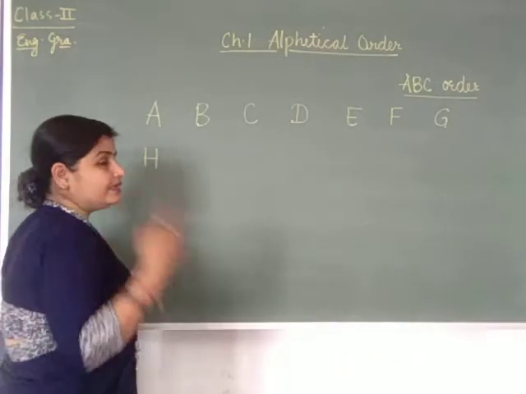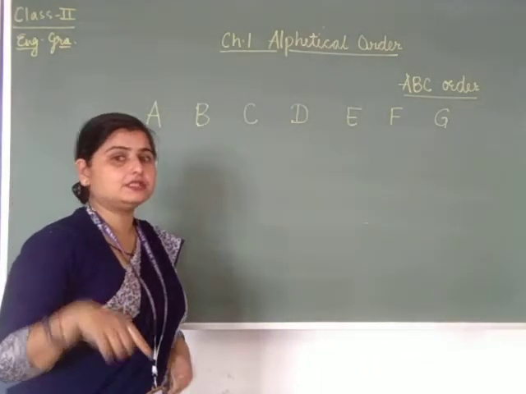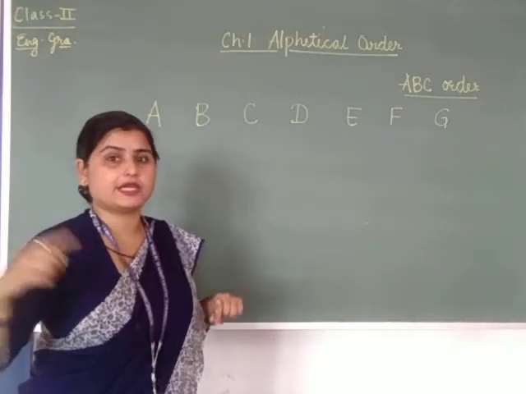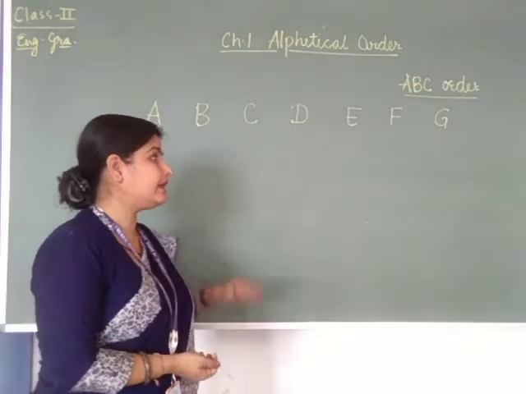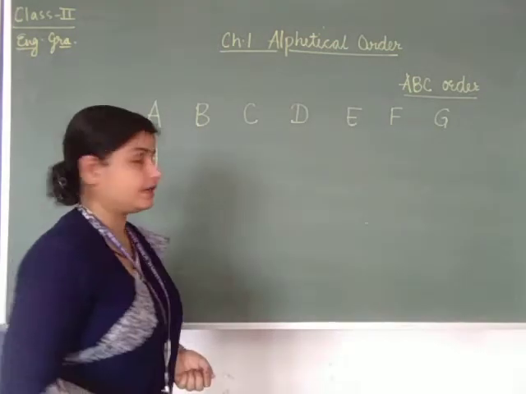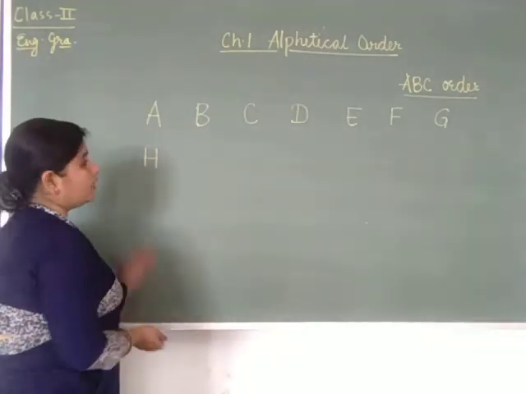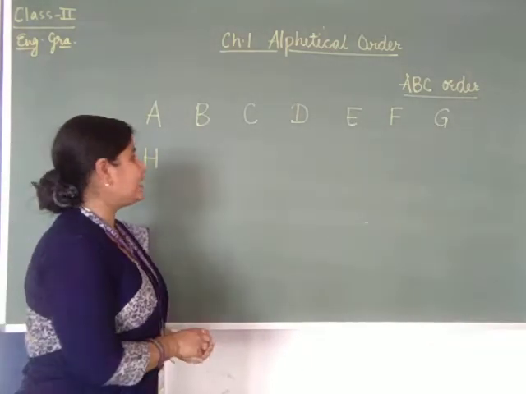So the letters of the alphabet that we have learned in nursery, KG1, KG2, you have read them in an order.